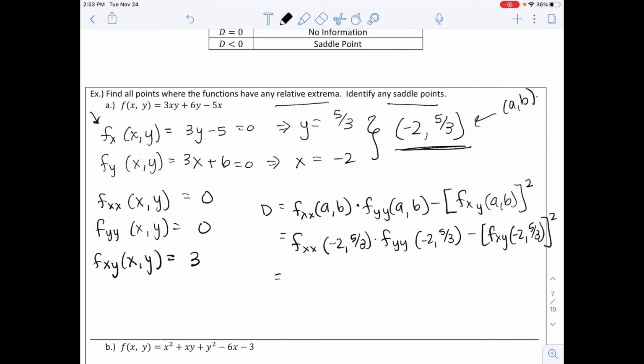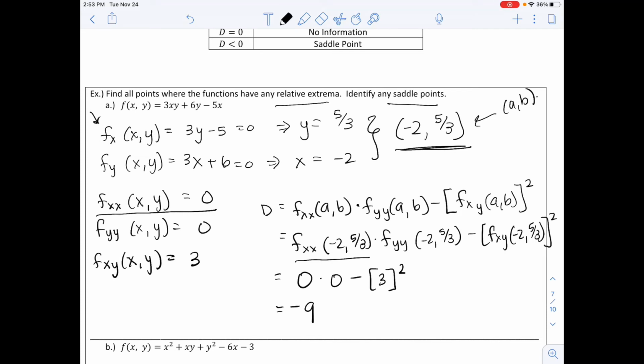This problem is a little bit nicer because when you evaluate the first term, you just get 0 times 0, same with y, when you substitute in that point. Minus, and then substituting in fxy at -2, 5/3, you just get 3. So minus 3 squared. And this is going to work out to being -9.